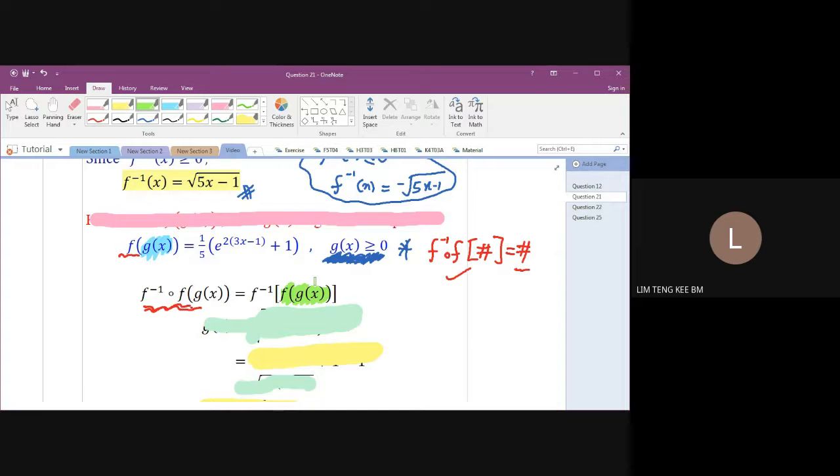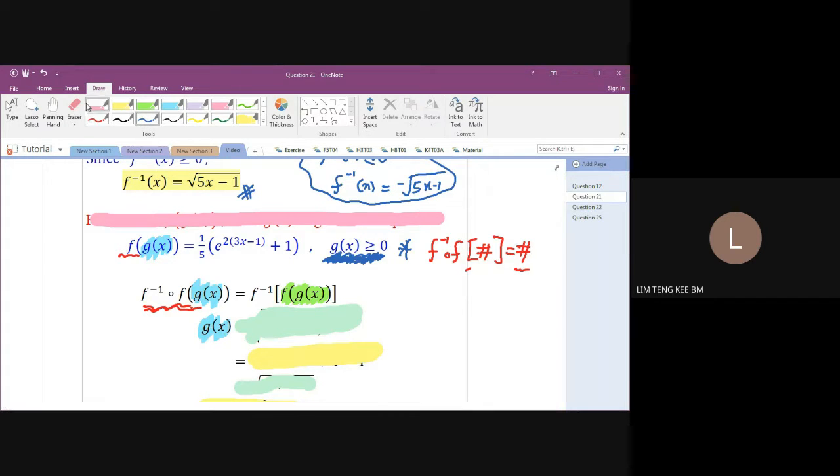On the left-hand side, by the properties of inverse, I get the answer gx, because f inverse composite with f, the result depends on what is inside the bracket of the composite pair. Look at what is inside: if hashtag here, the function is gx, so it's gx.